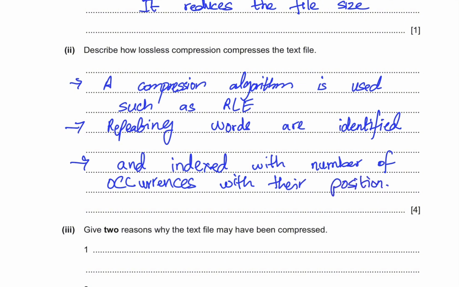This is the answer. A compression algorithm is used, such as run length encoding, which is a method of lossless compression. Whatever words are repeated, they are being identified. So I could say the repeating words are indexed with the number of occurrences, like how many times they have been repeated, with their position.